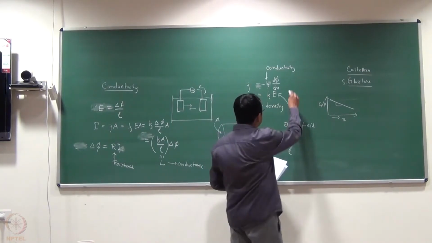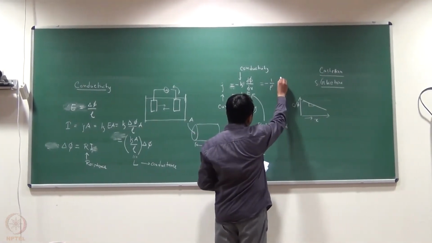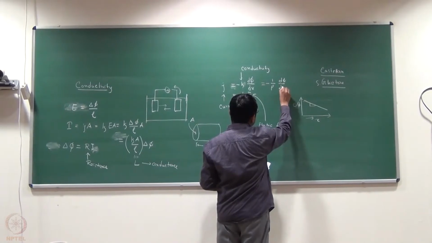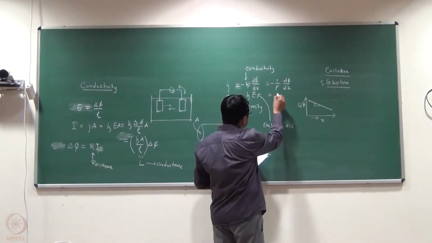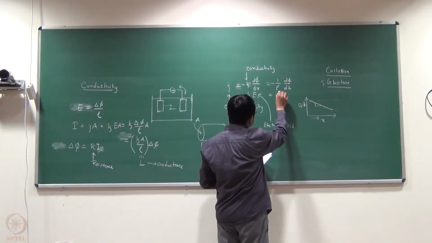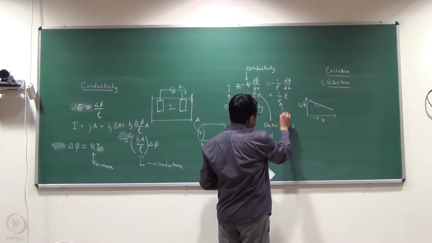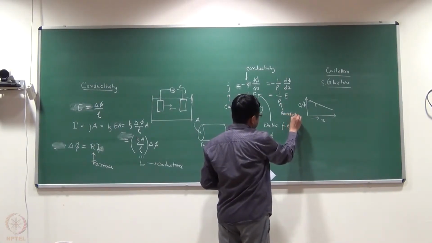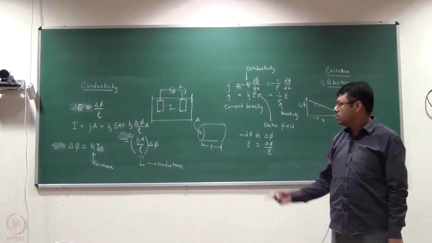So you could have just written it as 1 over rho, something like that. And this is basically resistivity.